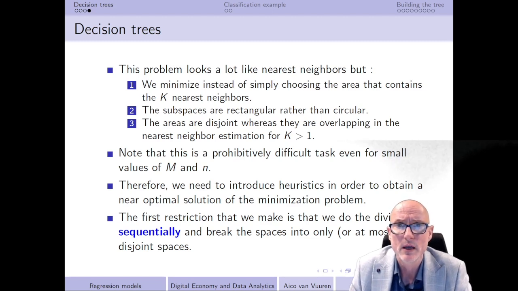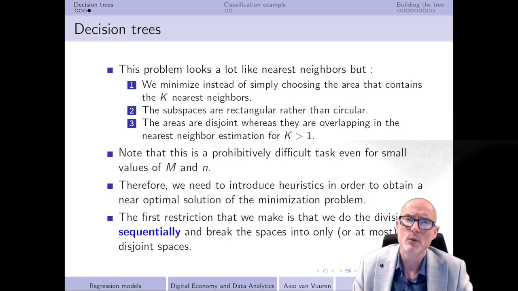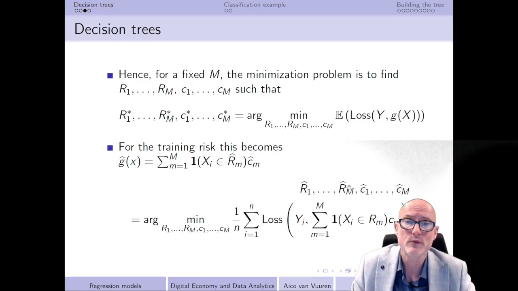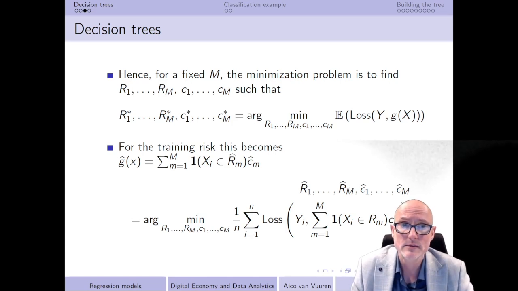Take into account that with k-nearest neighbors, what we essentially do is, ad hoc, take the k-nearest neighbors that we have, and take either the average or the plurality vote. That's not what we do in decision trees, because when we go back here to decision trees, the R1s up to RM can be quite different from each other in terms of size.